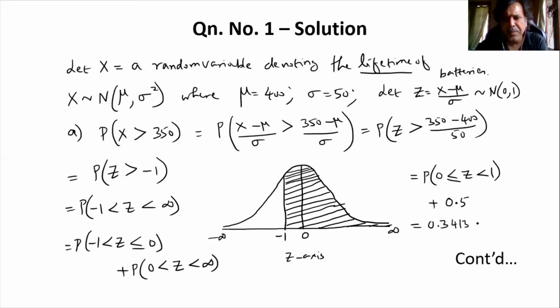which we obtained from the table, plus 0.5, which is here already. So if I add these two, we will get 0.8413. Therefore, for this question, what is the question?